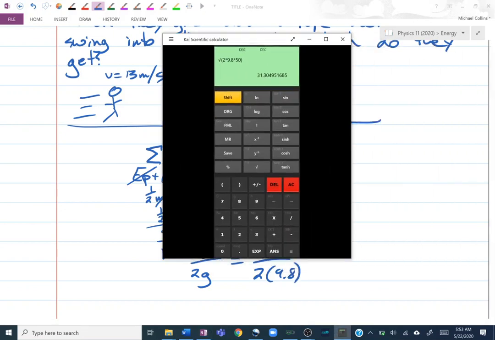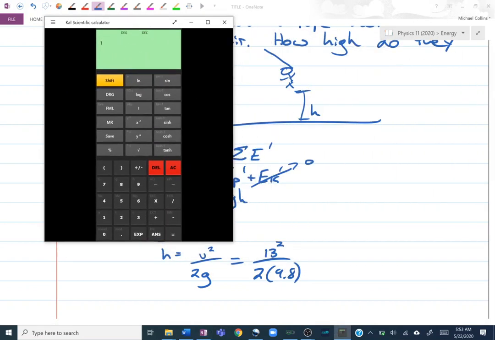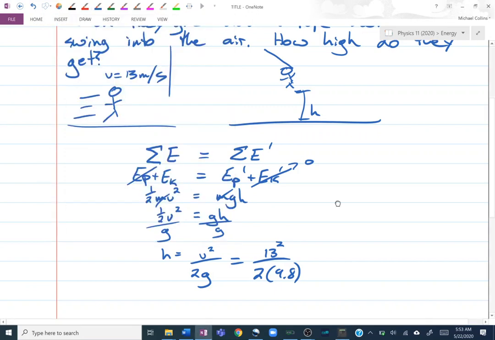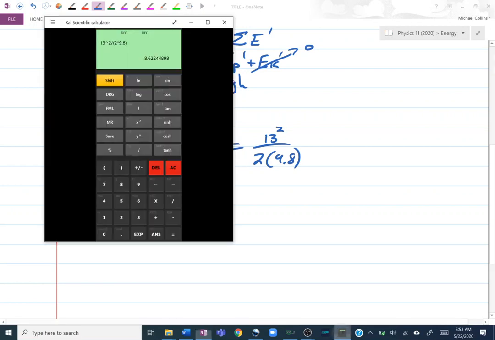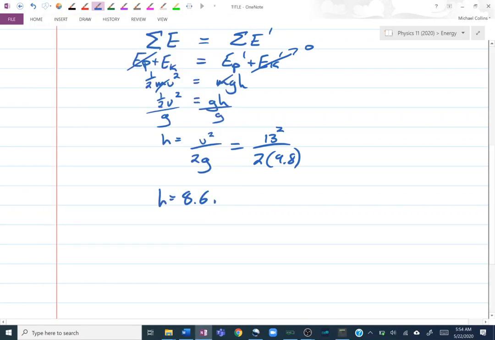We can pull out our calculator. 13 squared divided by, open bracket, 2 times 9.8, close the bracket, and I get 8.6 meters. I should write it down to 3 sig figs because that's what I like and that's what I expect, so I'll do the same thing. H is equal to 8.62 meters.